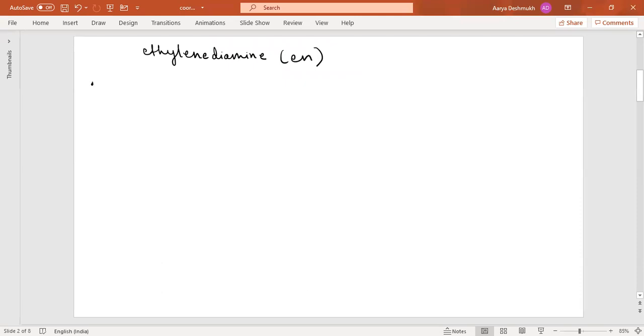Next, ambidentate ligands are named. Ambidentate ligands are those which have two donor atoms. They are named by using different names of ligands or by placing the symbol of the donor atom.